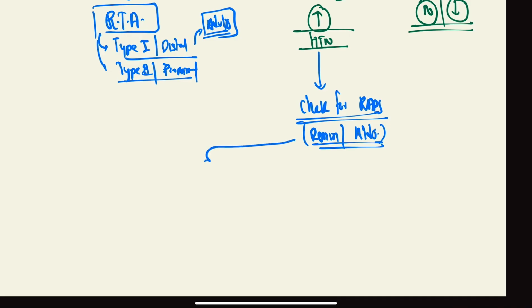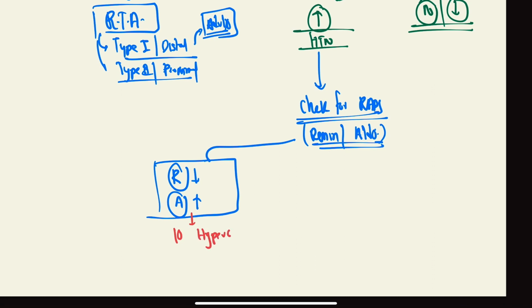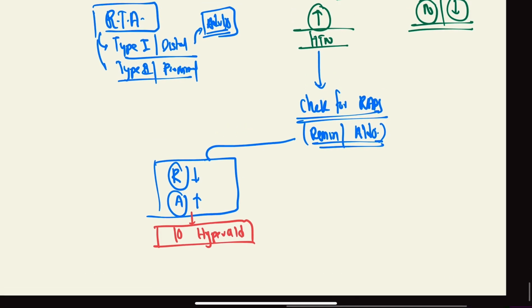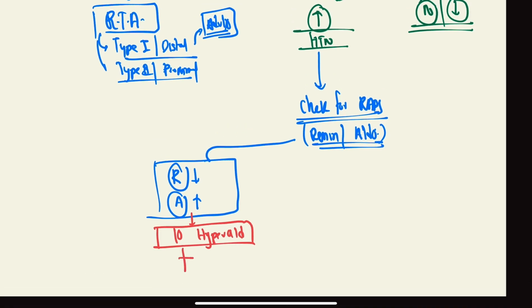If there is decreased renin and increased aldosterone, then it is called primary hyperaldosteronism, and the most common cause is Conn syndrome.